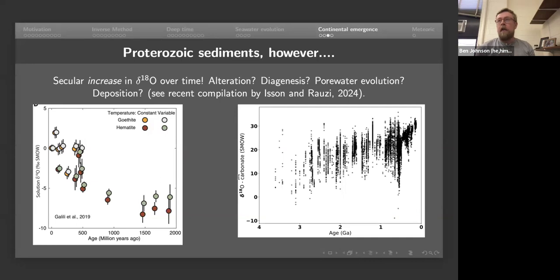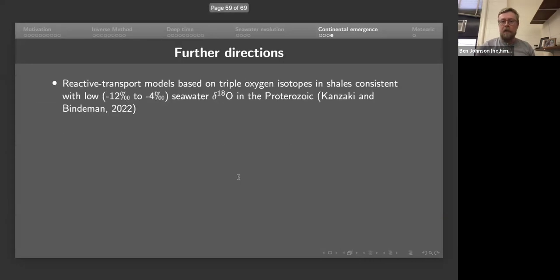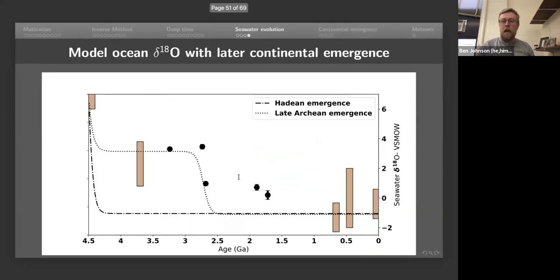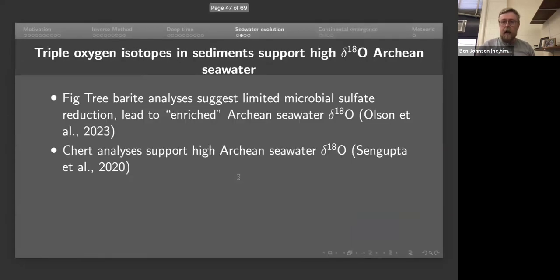However, I think there's a growing body of work, especially looking at, as I mentioned, triple oxygen isotopes in cherts and in barites, suggesting that they reflect some higher temperature fluid and not primary seawater composition.